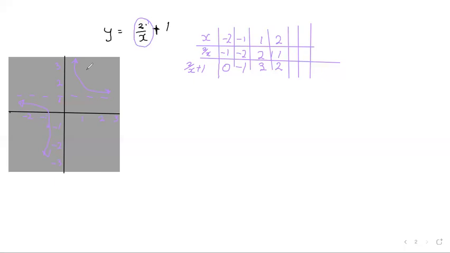Now, your graph has moved up, and this is called the Y asymptote. That is called the Y asymptote.